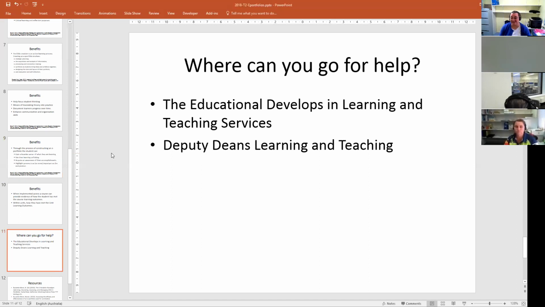How do I move to the next step? How do I show that I can work at that higher level? Everything that we put into our portfolio, if we're going for a promotion, means we've collected evidence along the way that we can then just pull out and put into our promotion application.